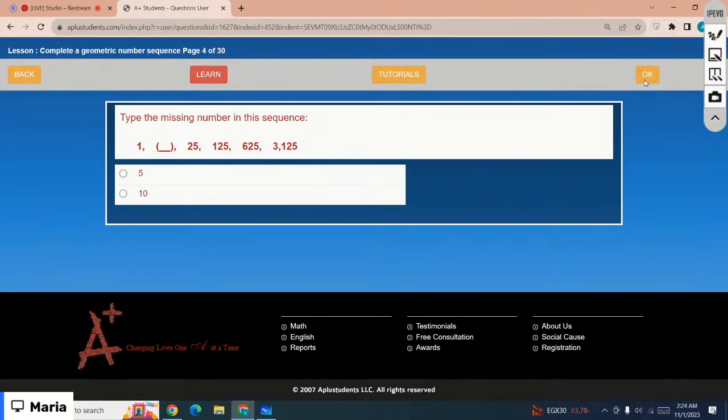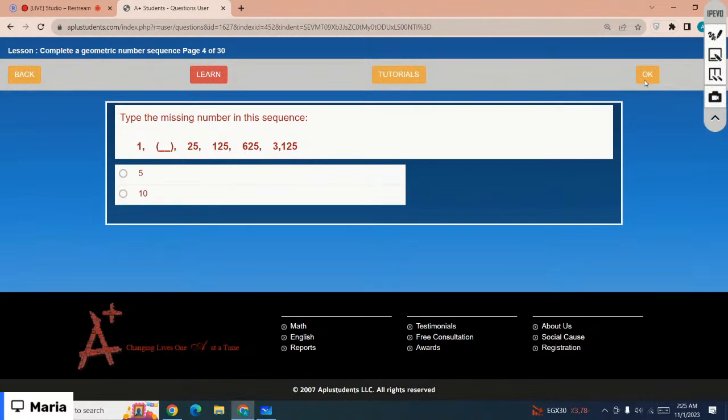Okay, type the missing number in the sequence. So which number is missing? Which is the next number in the sequence?